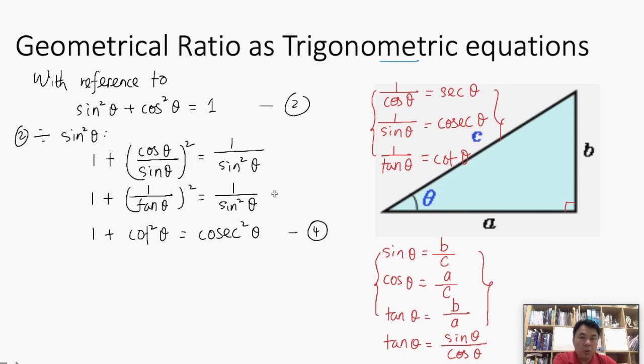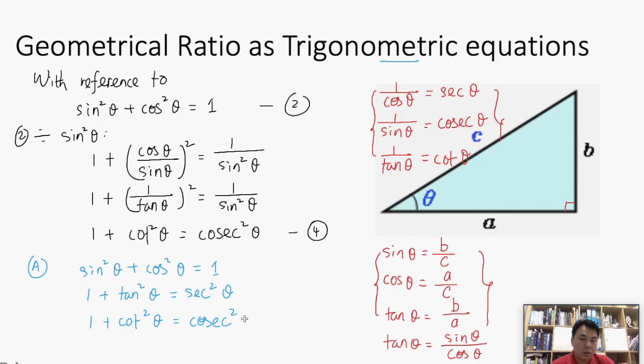So to conclude all the trigonometric equations that we have set up, number 1, we have it here, I just rewrite again: sine square plus cosine square is equal to 1. And then the next one would be 1 plus tangent square theta is equal to secant square, and then lastly we have 1 plus cotangent square, which is the same as cosecant square here.